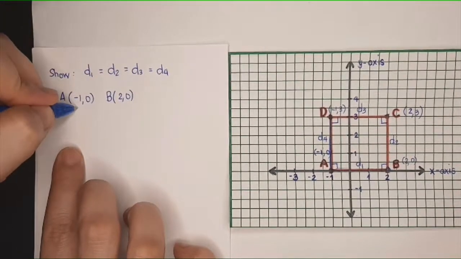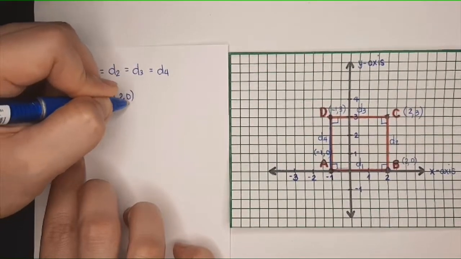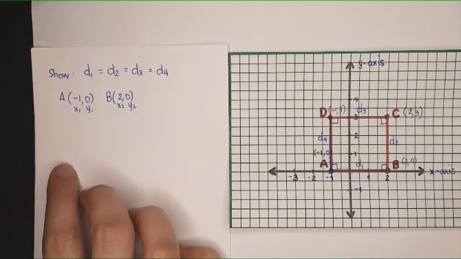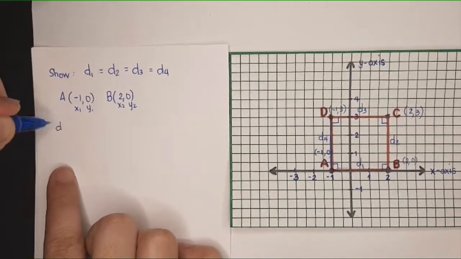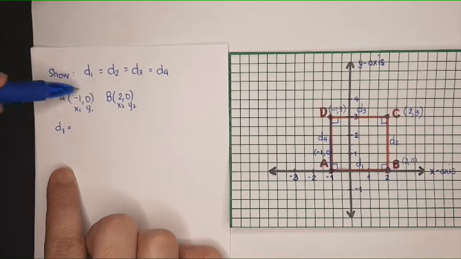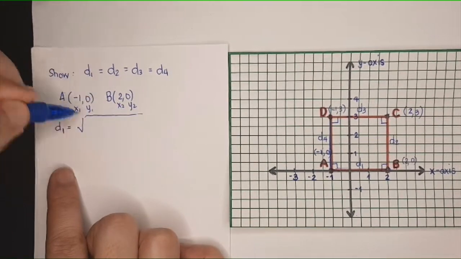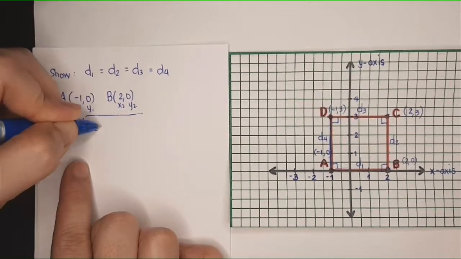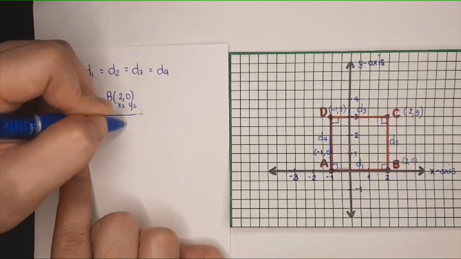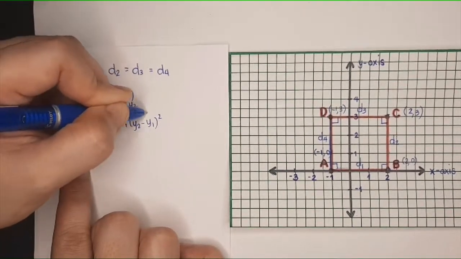And then you may want to label them x1, y1, x2, y2. And then you recall the distance formula. Let me label it D1 because this is the distance between points A, B. D1 is the square root of x2 minus x1 squared plus y2 minus y1 squared.